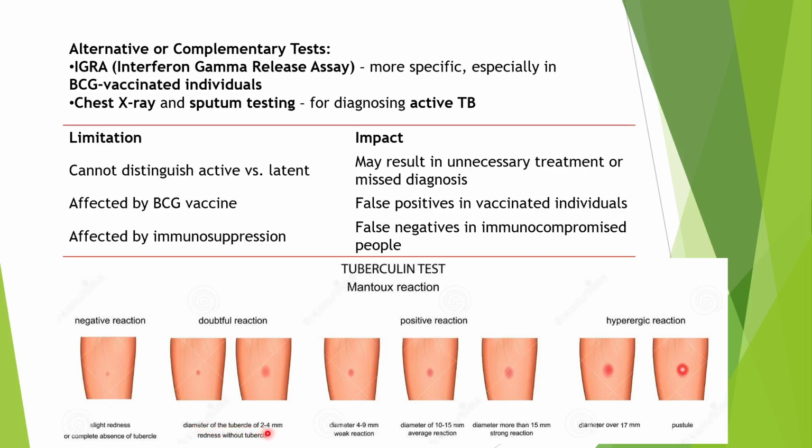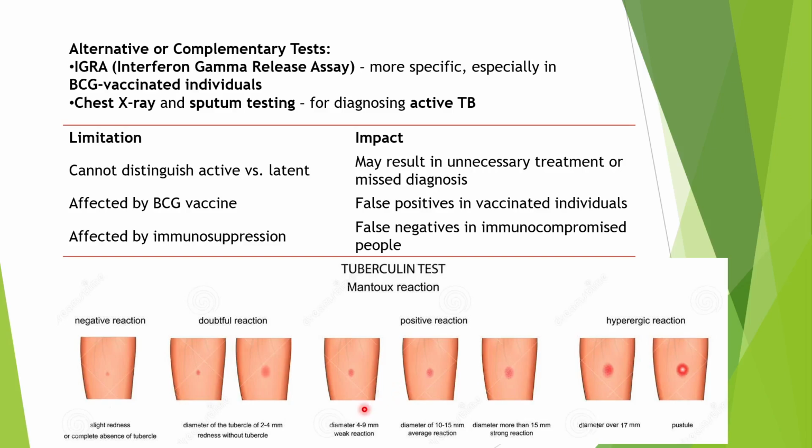If it is 2 to 4 millimeter redness without formation of a proper pustule, if it is just increased swelling or increased redness in diameter, then it is a doubtful reaction, so we cannot really confirm in this.